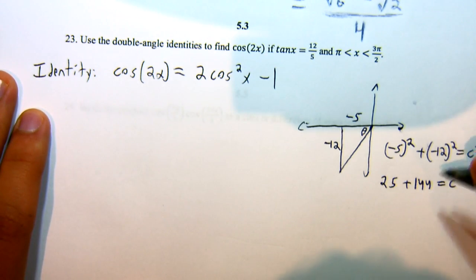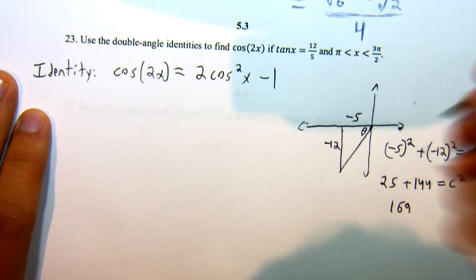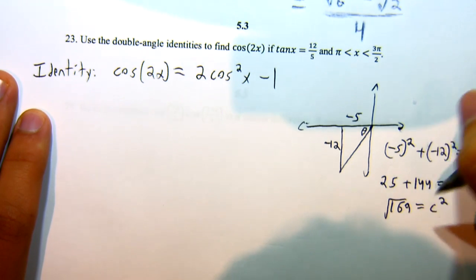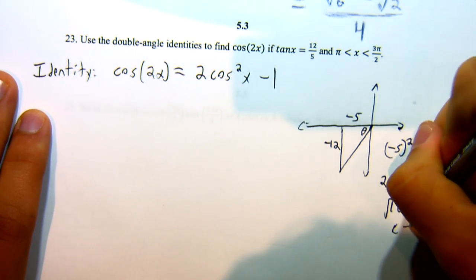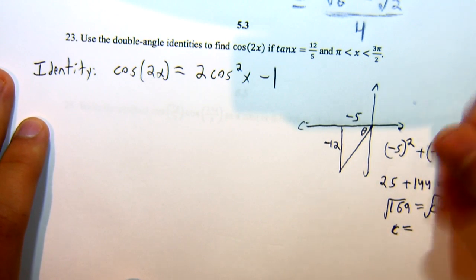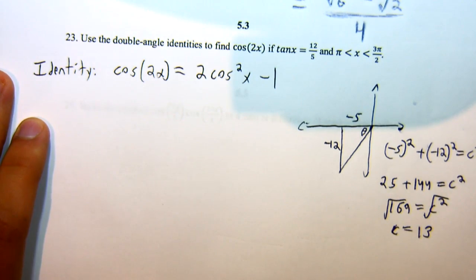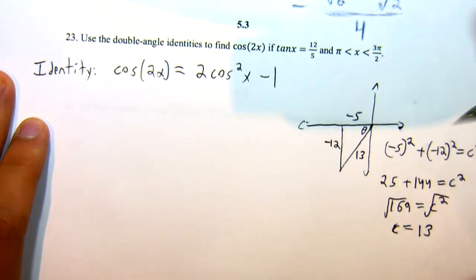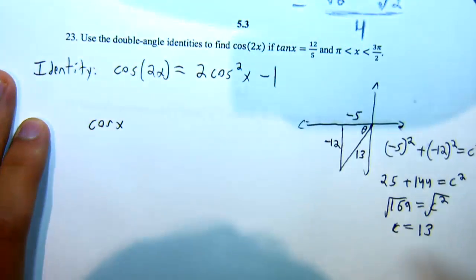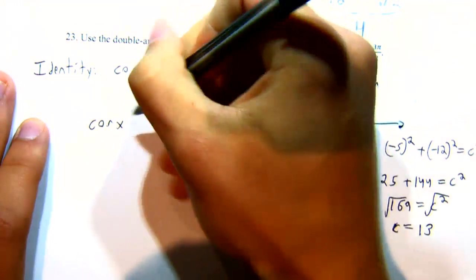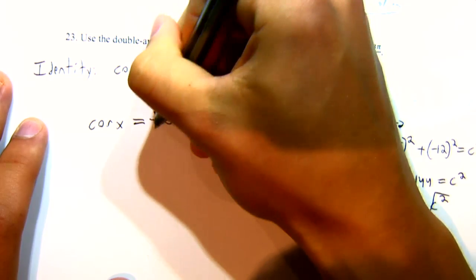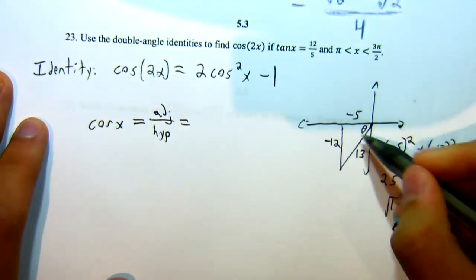Add these together, you get 169 equals c squared. And we find that c is going to be equal to 13, right? Alright, so cosine x is equal to adjacent over hypotenuse, which is negative 5 over 13.